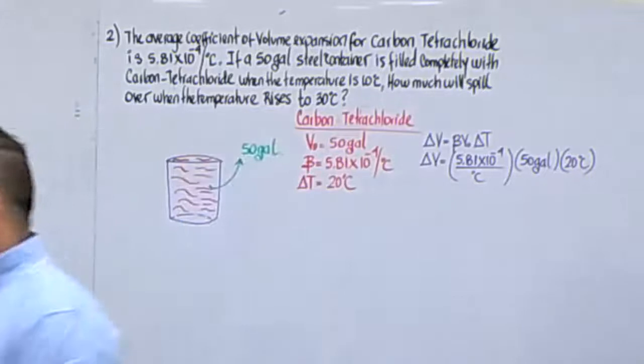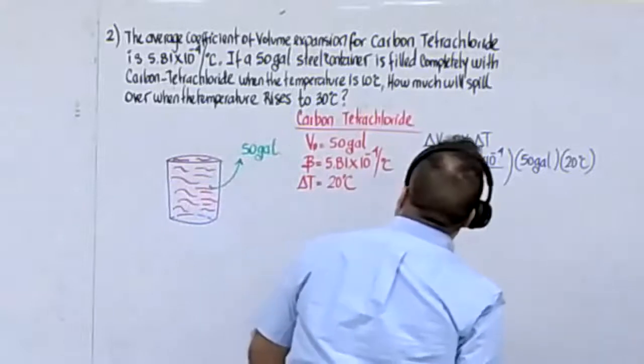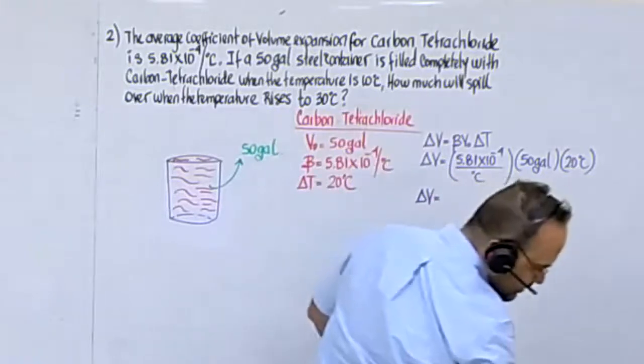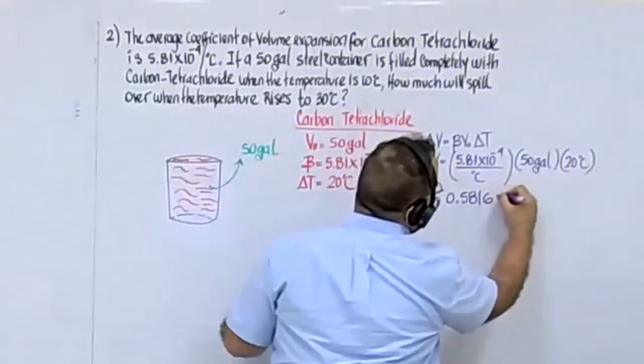Okay, so let's perform the operation. 5.81 times 10 to the negative 4 power multiplied by 50 multiplied by 20. So the answer for the change of volume of this carbon tetrachloride will be 0.581, obviously gallons.